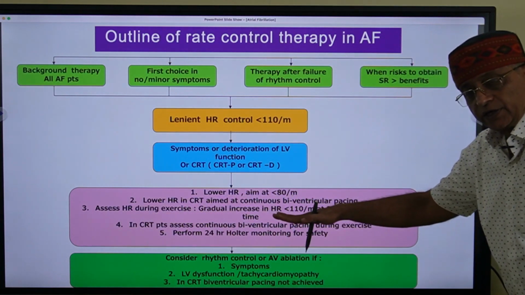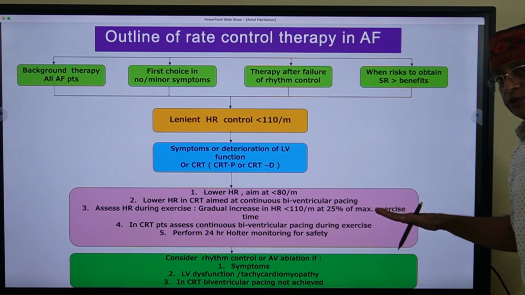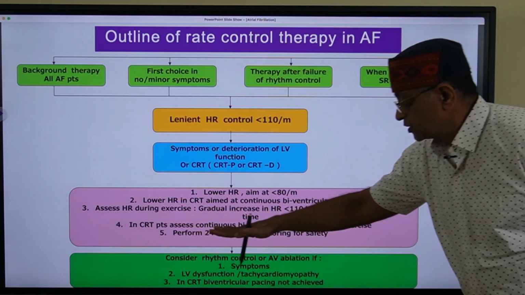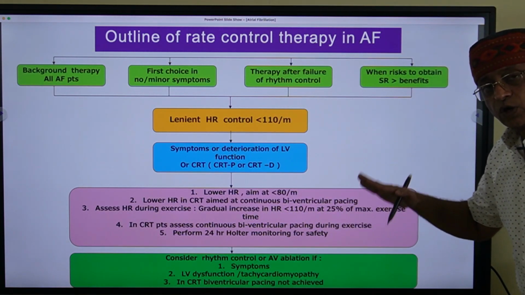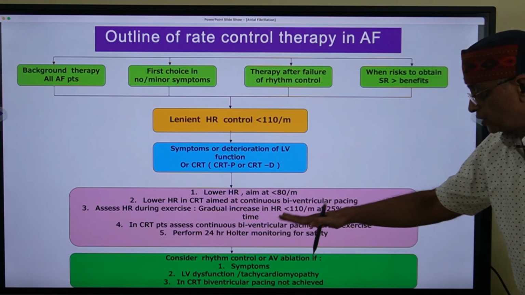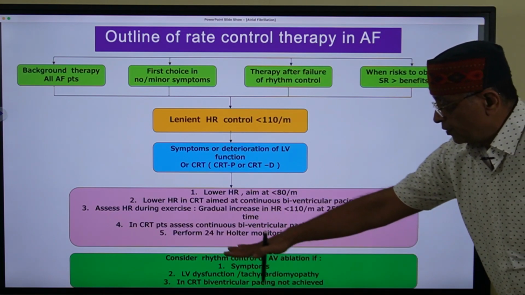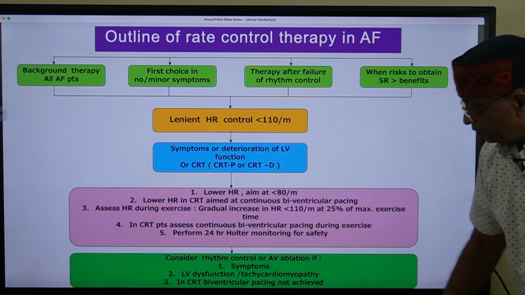Gradually increase the heart rate but keep it to less than 110 at 25% of maximum exercise. In CRT patients, assess continuous biventricular pacing. So see whether the patient on CRT has continuous biventricular pacing. If the patient does not have continuous biventricular pacing, we go on to the next step: perform 24-hour Holter monitoring to check for the patient's safety.